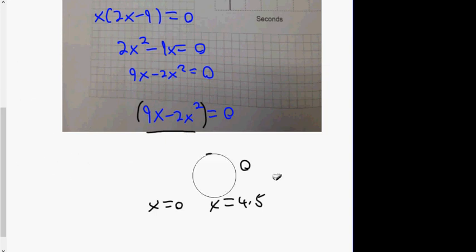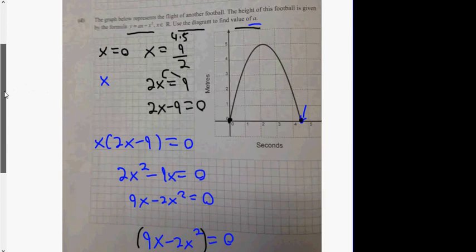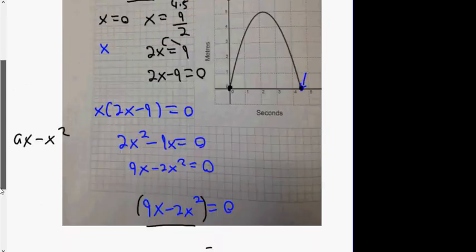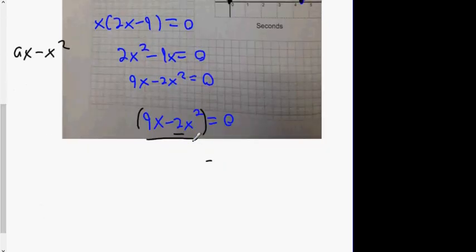Your answer has no x squared. See, there's no number in front of the x squared. It wants my answer to read ax minus x squared. My problem is the x squared has a 2 in front of it. What could I do to both sides? Divide by 2. I'm going to get 9 over 2x minus x squared equals 0.